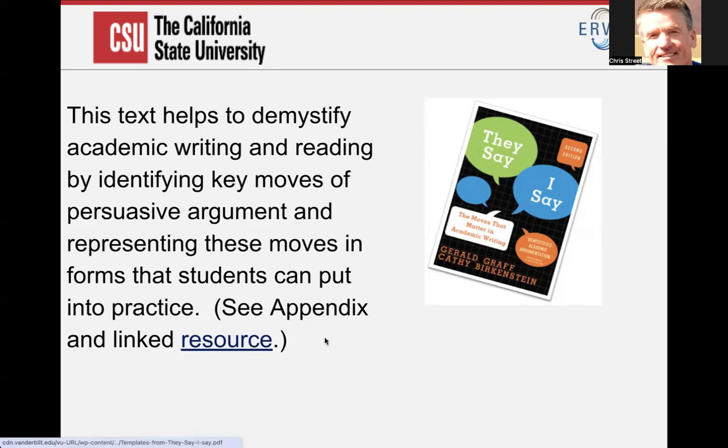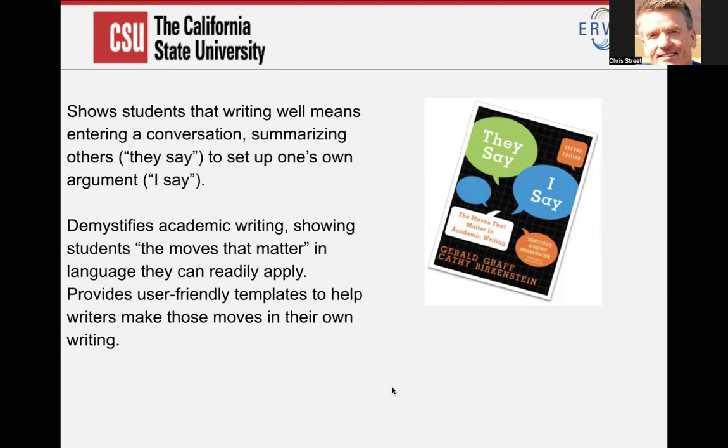And there are a series of writing frames at the end of the book, sentence frames, that give kids practice with that. And the reason it's got this weird title is They Say, I Say is set up because before we ask kids to engage in writing about what they've read, they need to understand what they say.